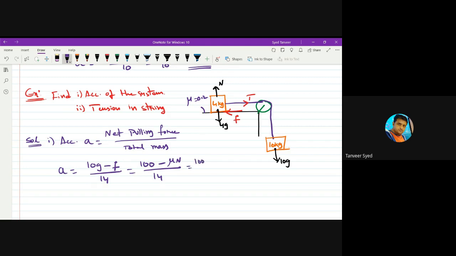So 100 minus mu, how much mu? 0.2. 0.2 into normal reaction, how much? 4g, that means 40. Normal reaction is 40. So acceleration is 100 minus 8, by 14. 92 by 14 meter per second square.